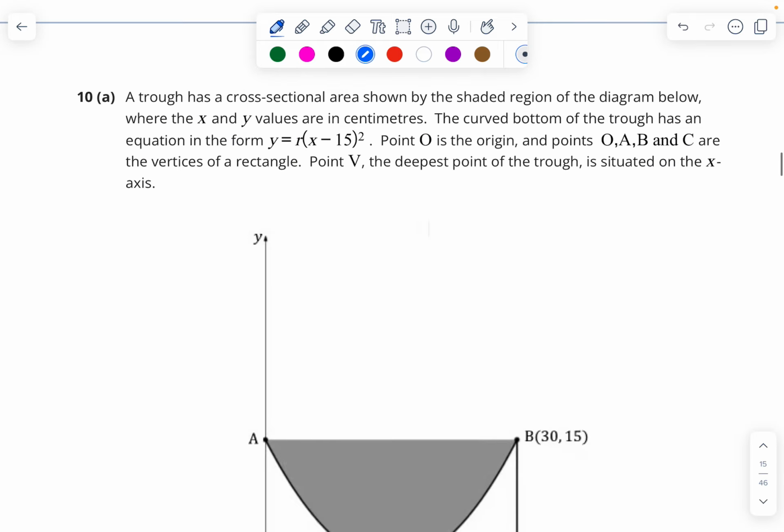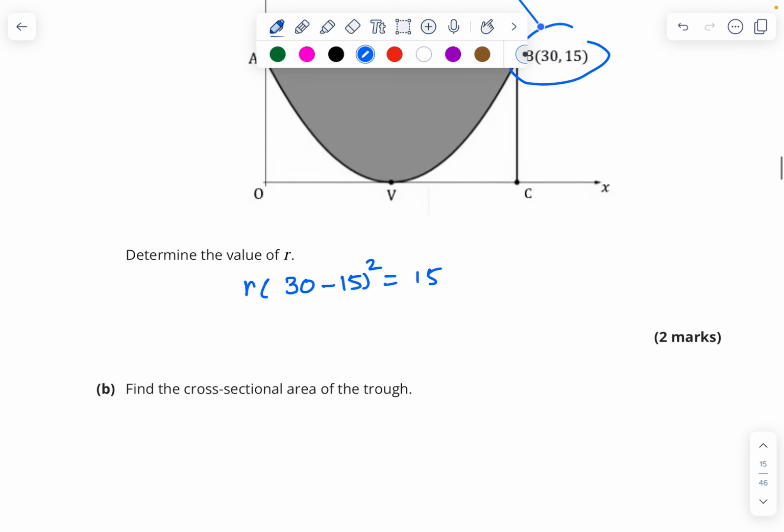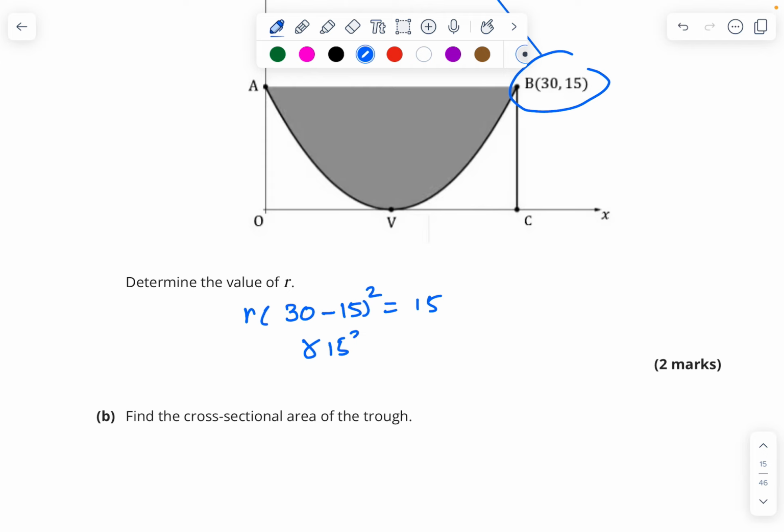So I'm plugging this point into this equation. So R times 15 square equals to 15. So R equals to 15 upon 225. So R equals to 1 upon 15.